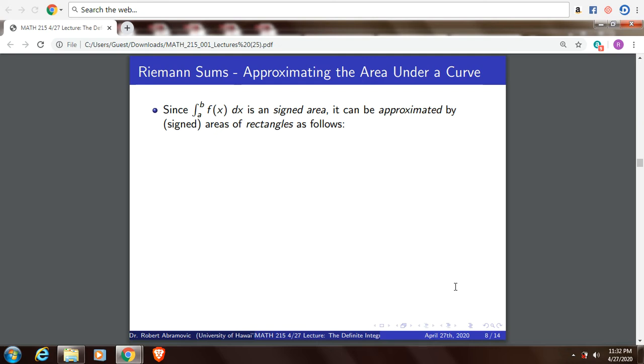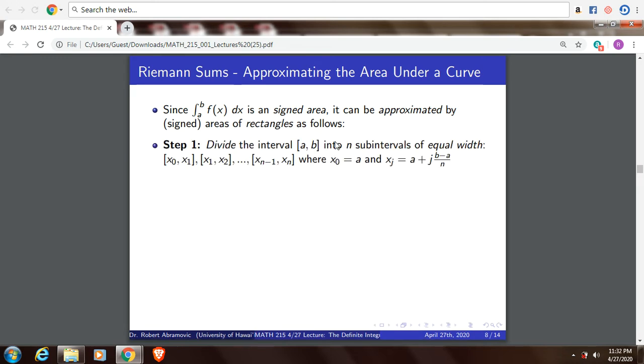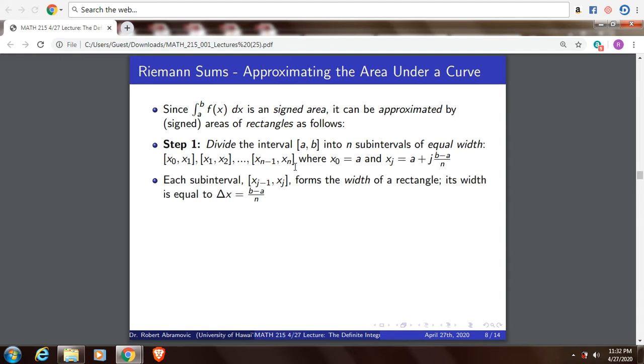Since the definite integral from a to b of f of x dx is a signed area, it can be approximated by signed areas of rectangles as follows. We have an interval from a to b. We divide it into n subintervals of equal width, x0, x1, and so on. x0 is a, and xj is a plus j times b minus a over n, where j ranges from 0 to n.